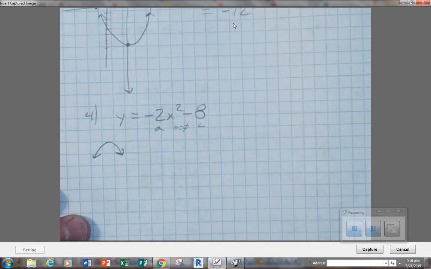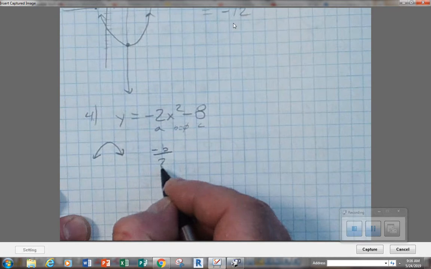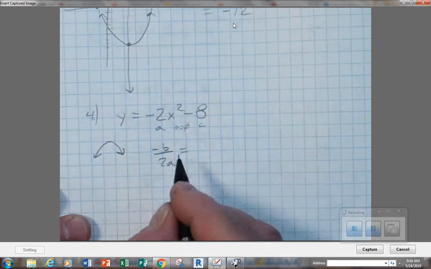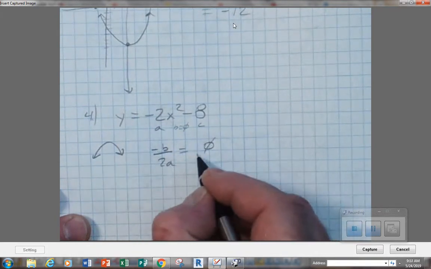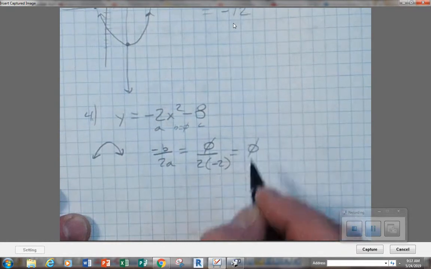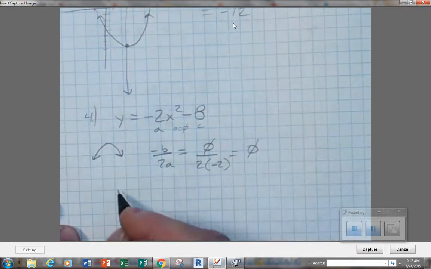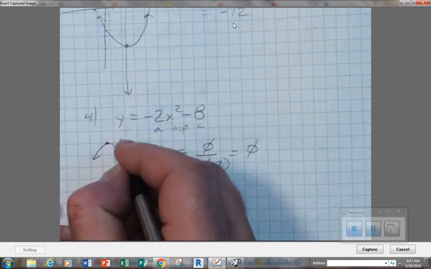So here I go to find this vertex. Negative B over 2A. Since there is no B term, it's 0 up there. Negative 0, same as 0, over 2 times negative 2, but whatever that is, it's going to be 0. Because this is opening downwards, this is a maximum.